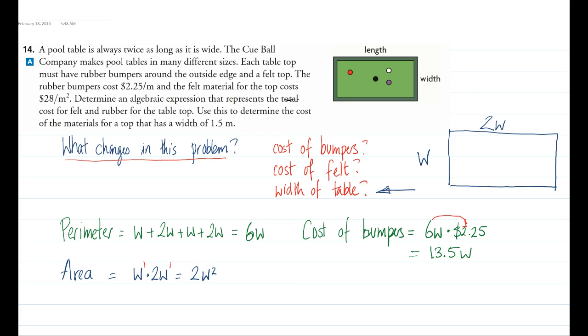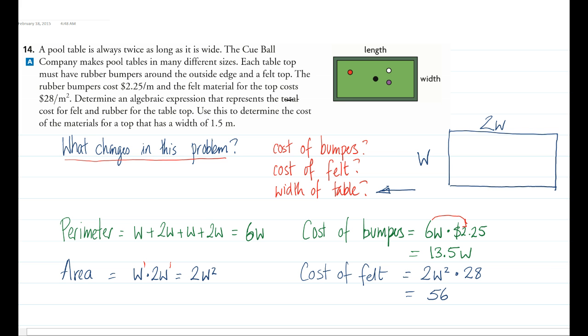The cost of the felt will be equal to 2W squared, which is the area of the table, multiplied by the cost per square meter, which is $28. And again, we can multiply the 2 and the 28 together, and we get 56W squared.